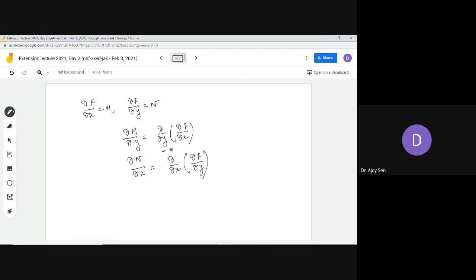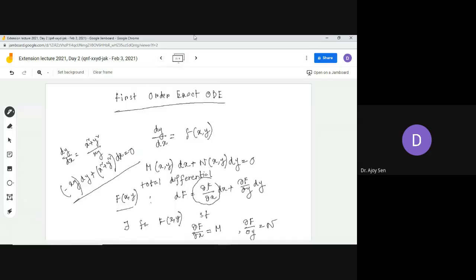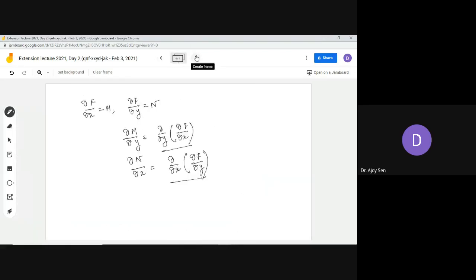Now these two things might not always be equal, but for a very good continuous function which satisfies some criteria, as in Young's theorem or Clairaut's theorem, I can't tell you right now, but there are some criteria under which this can be equal. So we consider only those functions here, in the form of this total differential, which satisfy such criteria, and we just make them equal.